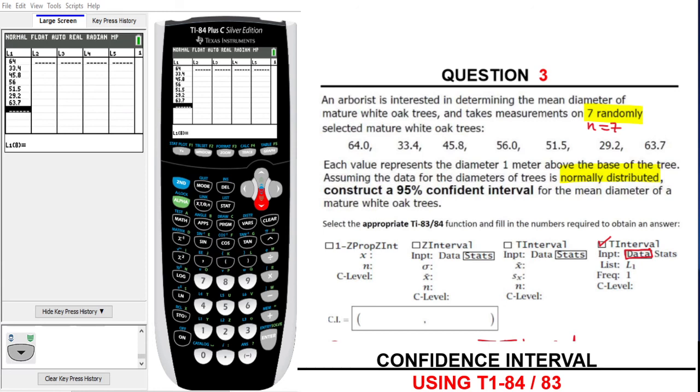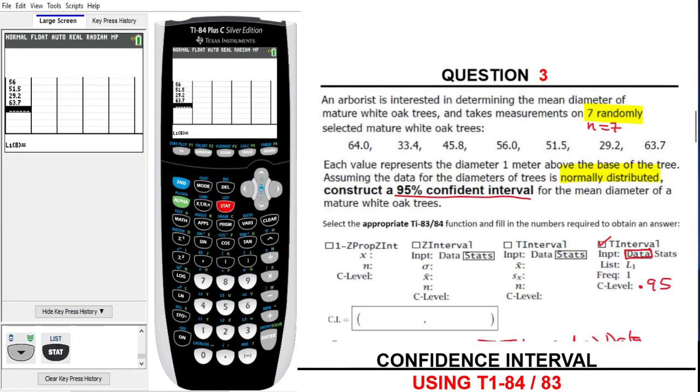And then our data is under L1, so we leave L1. Usually L1 is there, you leave it like that. And then the freq list equals 1, also leave it like that. However, our confidence level is 0.95, so let's put 0.95 over here.